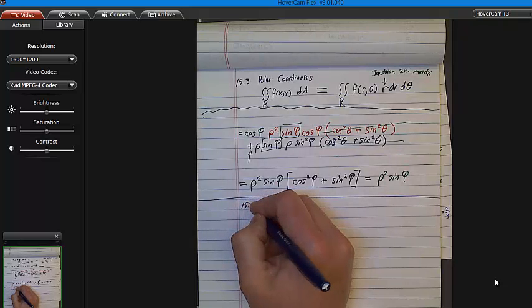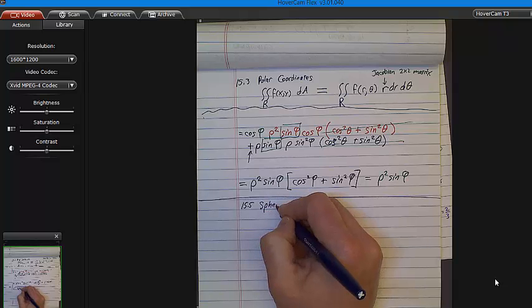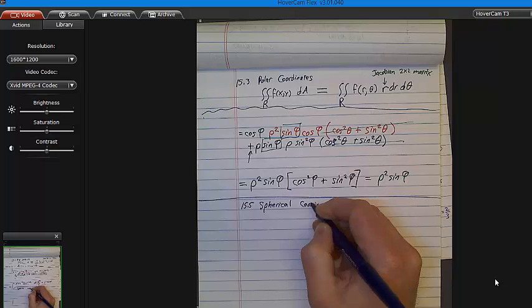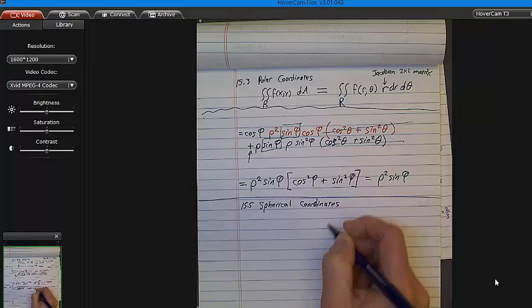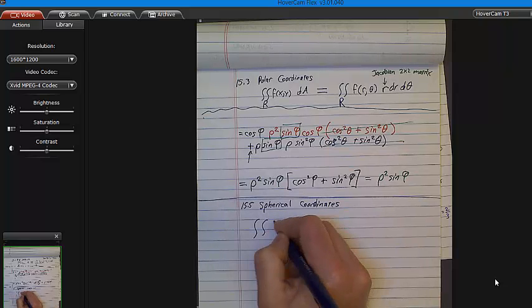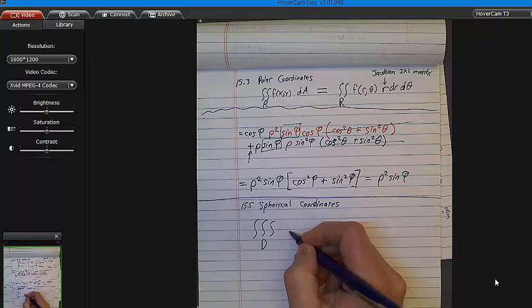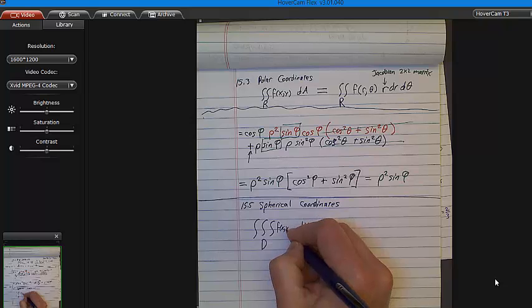In 15.5, for example, one of the things that's covered is spherical coordinates, right? And so you're going to have some triple integral, dV, where it's f of x, y, and z.